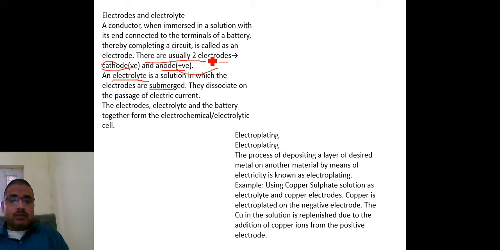They dissociate on the passage of the electric current. The electrodes, electrolytes, and the battery together form an electrochemical cell. This whole combination is basically an electrochemical cell, or we call it an electrolytic cell.